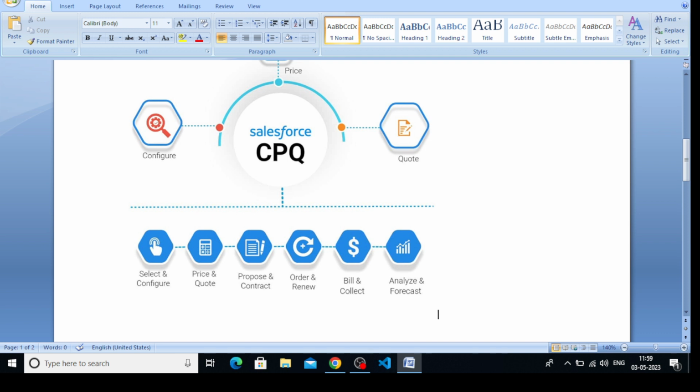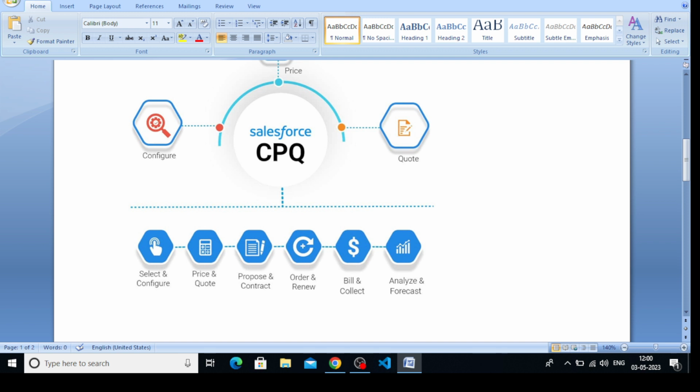So we select the customer's interested products for that quotation. Then we move to ordering of that quotation. Then we contract that quotation. Depending upon the product type, we may contract or we may give the order for him. In this way, the Salesforce CPQ cycle works.